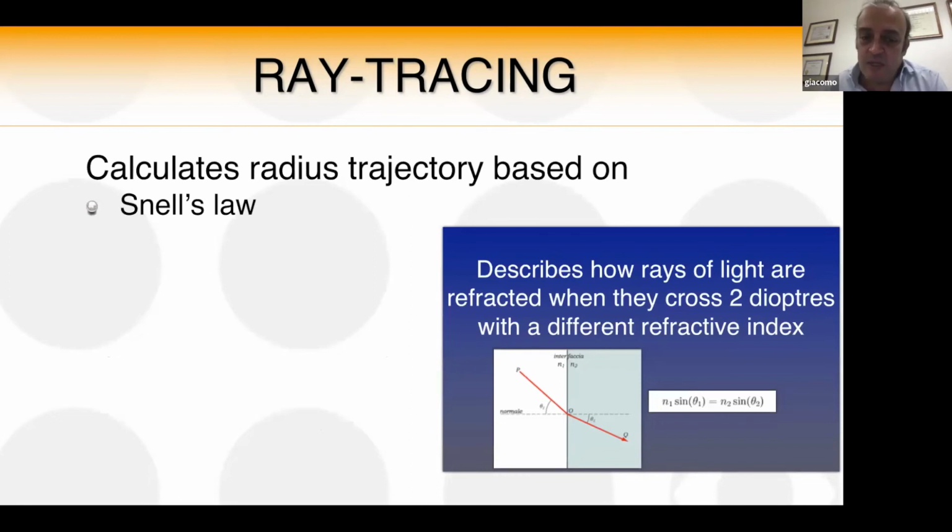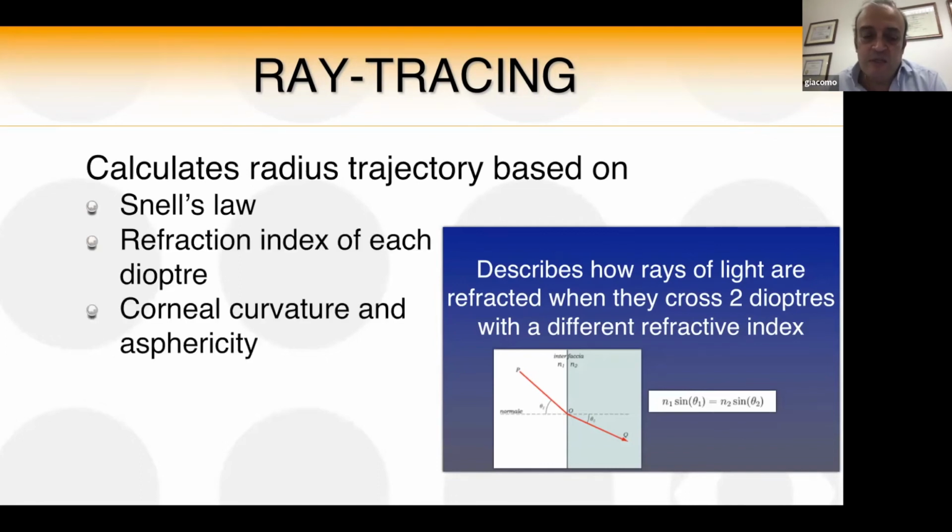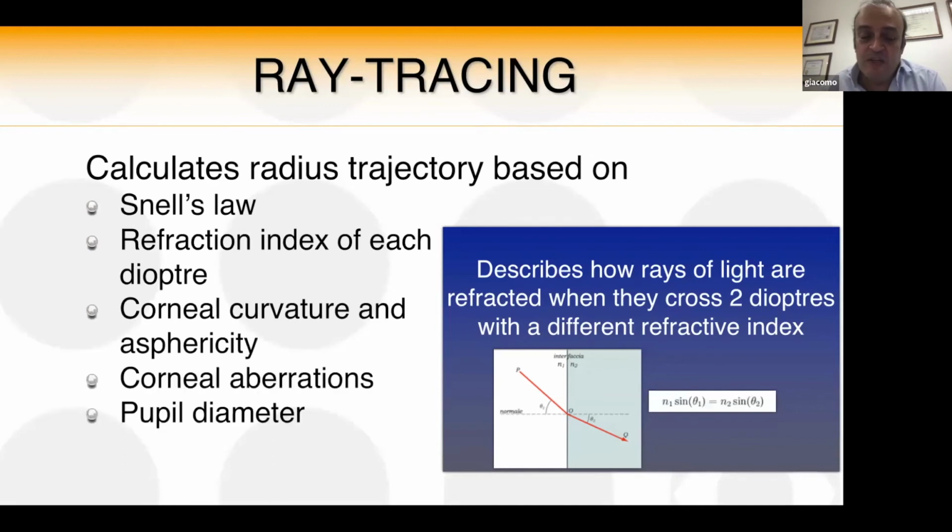So ray tracing calculates the ray trajectory based on Snell's law, the refraction index of each diopter, the corneal curvature, but also the asphericity, all the aberrations, the pupil diameter. It is not just paraxial. And that's why it's useful, for example, when you have decentered or irregular corneas, because you are not just basing your calculation on K1 and K2, you are considering all points inside the pupil.